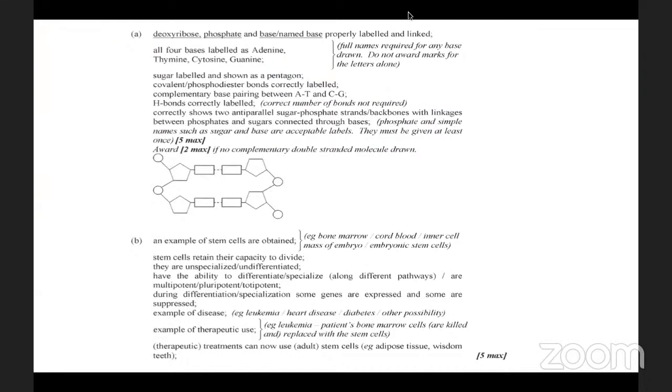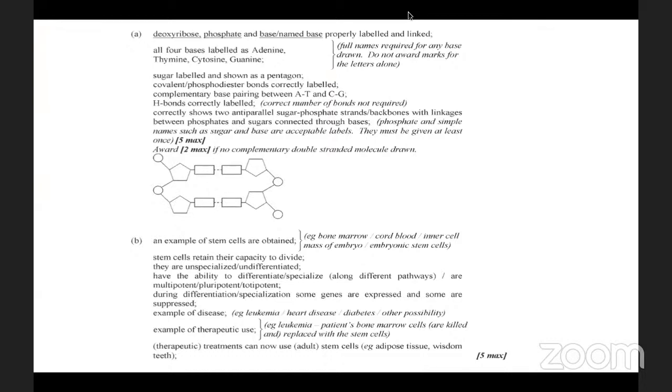Macam mana stem cells ni kita boleh guna. Macam apa fungsi dia kan. So bila tengok marksheet dia start dengan example of stem cells. Macam mana dia obtain. For example, stem cells are obtained from bone marrow or cord blood or inner cell mass. Ini mana kalau tulis akan dapat 1 point.